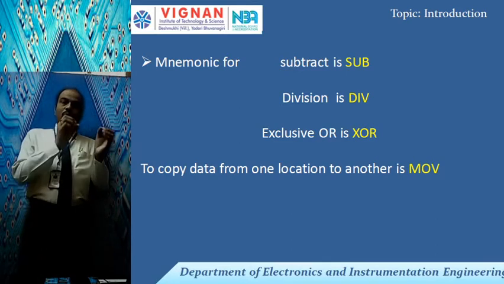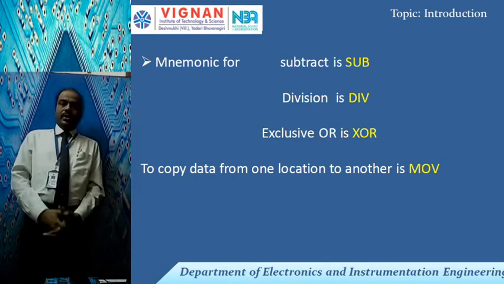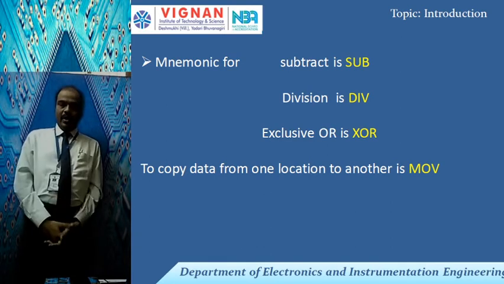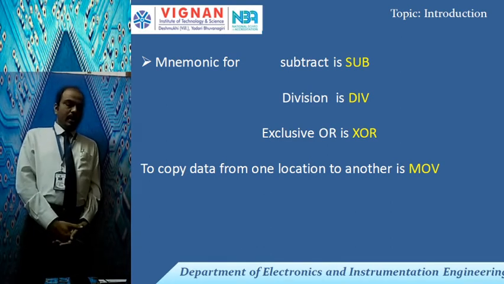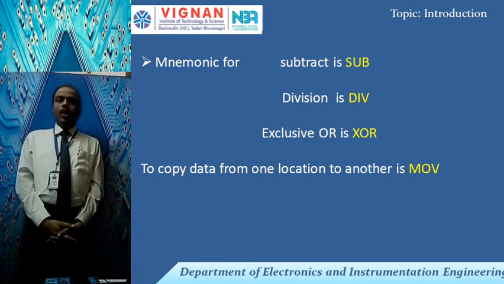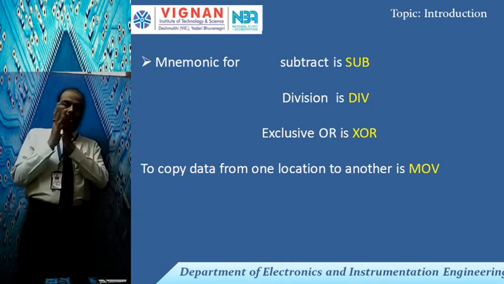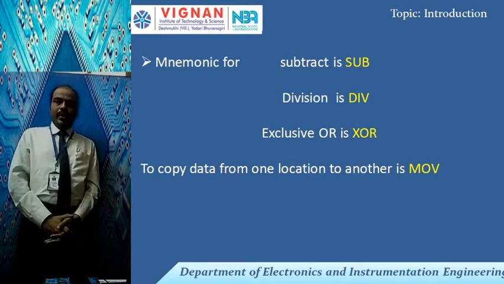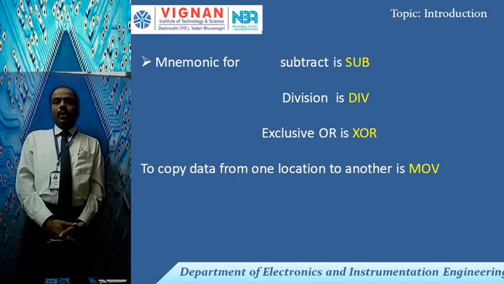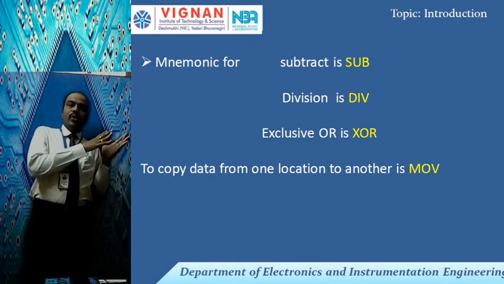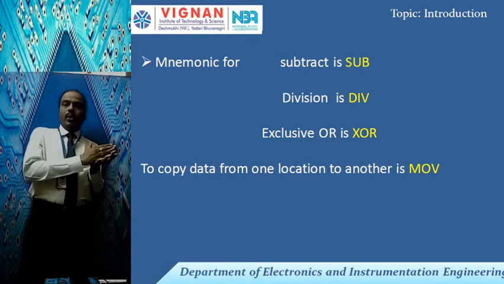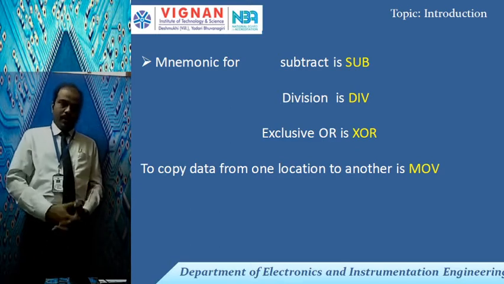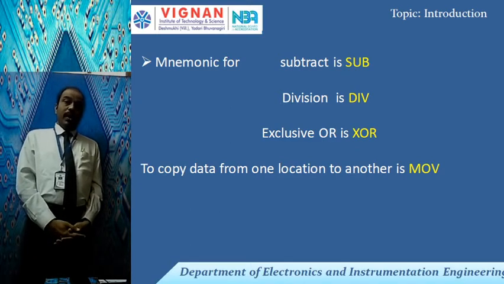If you want exclusive OR of 2 logics or 2 binary numbers, then XOR is the mnemonic. Similarly, to copy data from one register to another register, or one register to another location, we use an instruction called move, MOV. That move transfers the data from one register to another register, or one register to a memory location. So these are about the assembly language.